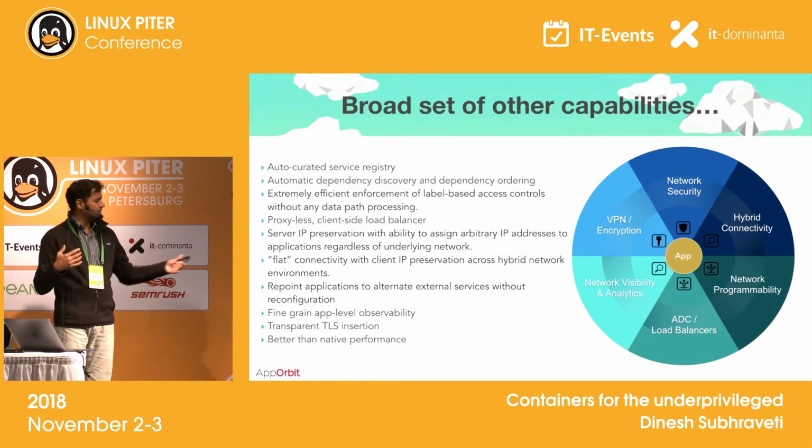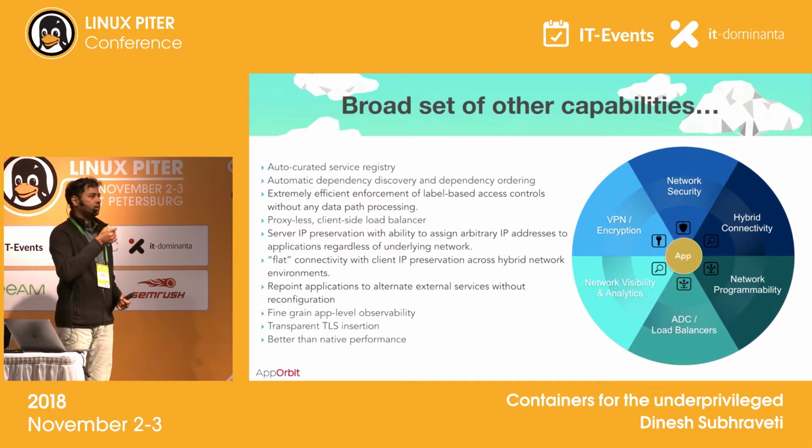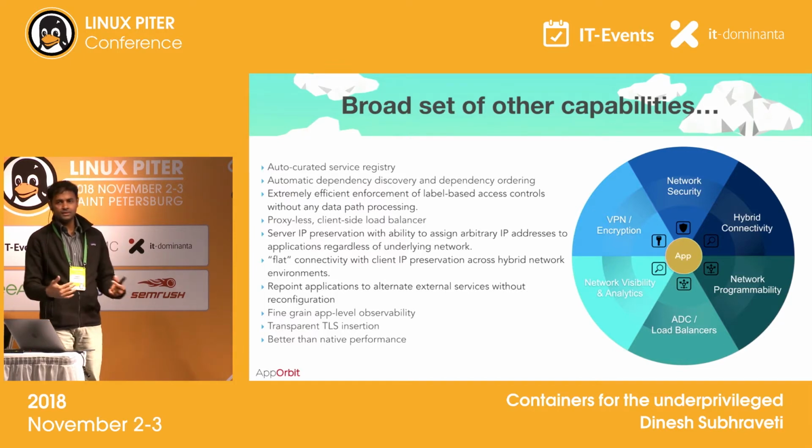Once I have this, I can also do things like transparent TLS insertion. Basically, I can encrypt all traffic. The application itself might not support encryption, but you can retroactively induce encryption because again, all of this is being arbitrated by this layer.